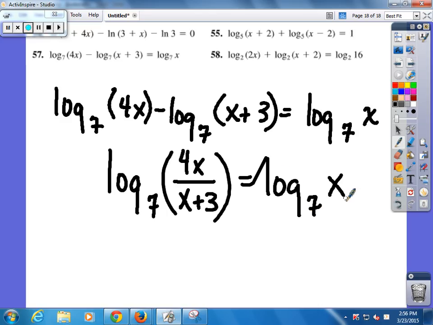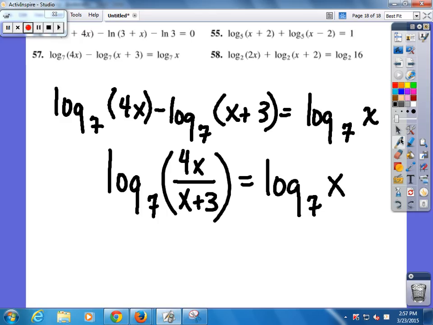Now what's the rule here? It looks complicated, so let's clear. What's the rule? Because they have the same base and you have variables here. If there was a number here, then you could set that equal to the number.